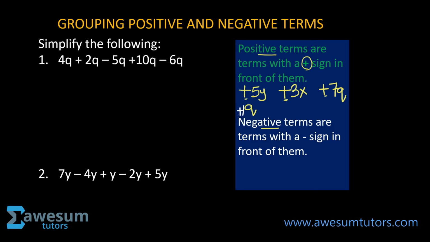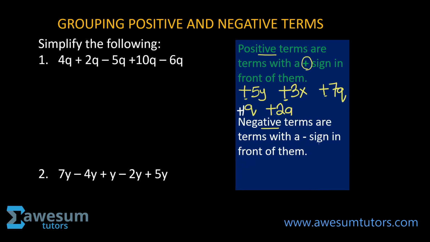So you have positive 1q, so that tells you that this also is a positive term. What about positive 2a? That's a positive term.